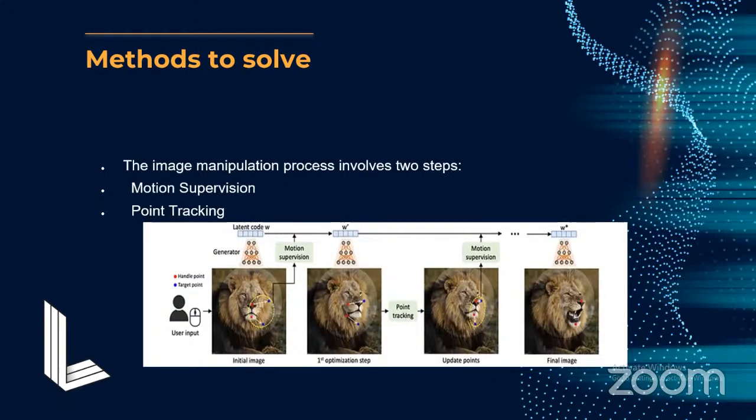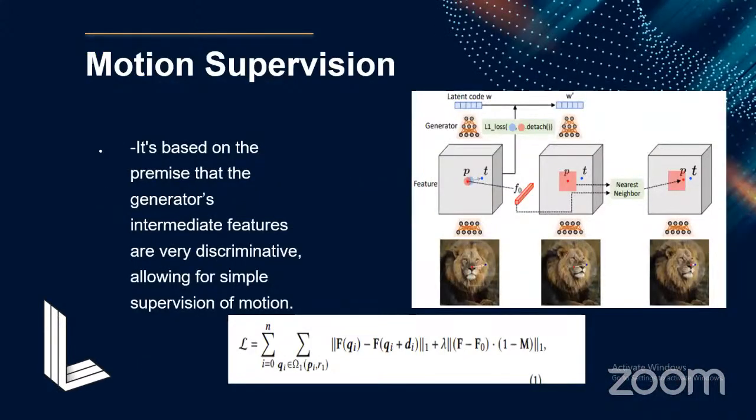Let's start with motion supervision, and the next is point tracking. Motion supervision is based on the premise that the generator's intermediate features are very discriminative, allowing for simple motion supervision. Specifically, they use the feature map.